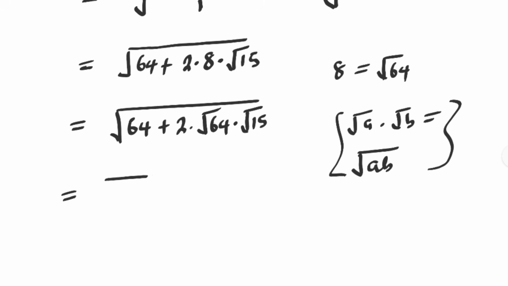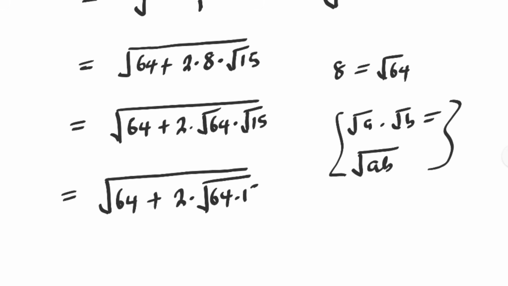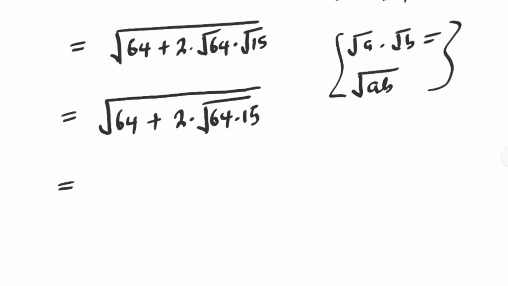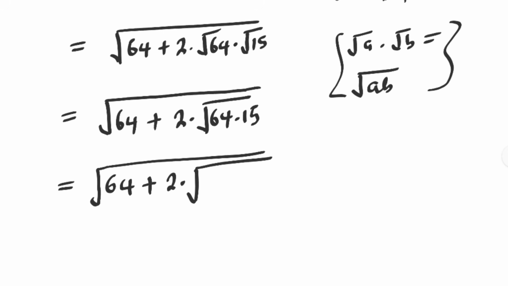This is equal to square root of 64 plus 2 multiplied by square root of 64 multiplied by 15, and this is equal to 64 plus 2 multiplied by square root of, where 64 is 8 multiplied by 8 and 15 is 3 multiplied by 5.